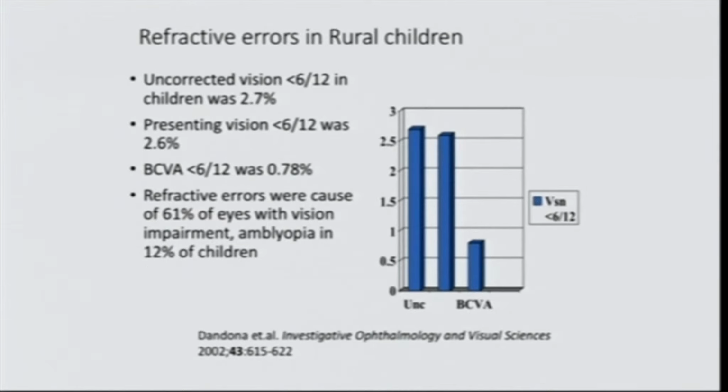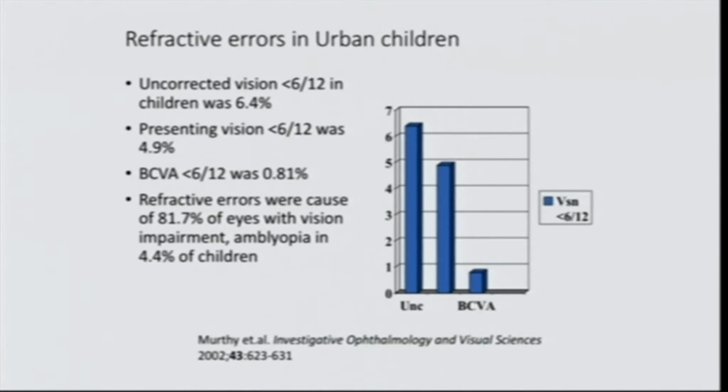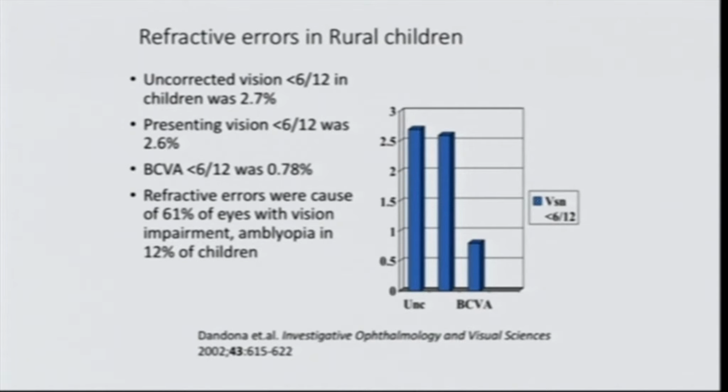When you look at data from rural, the percentage of children having vision less than 6/12 is about 6.5 to 7% here, and here it is just 2.5 to 3%. But again, there is a huge difference between unaided visual acuity and best corrected visual acuity.